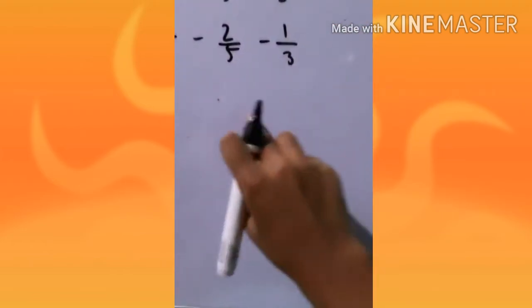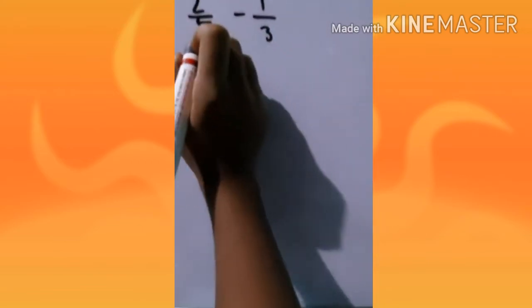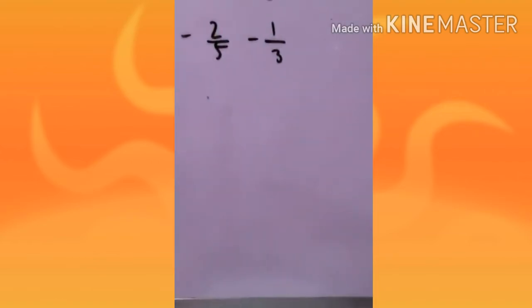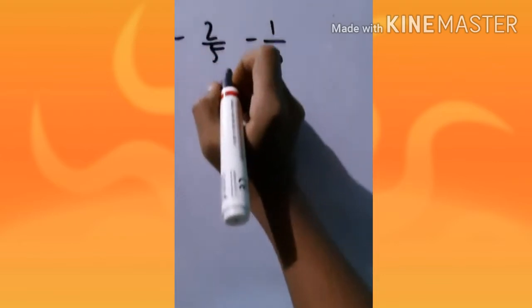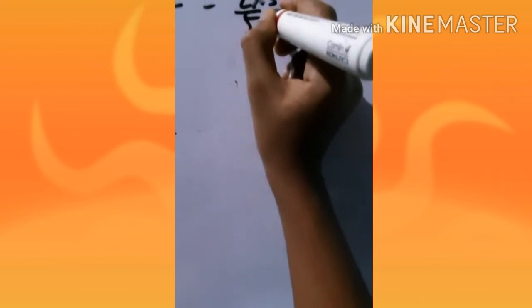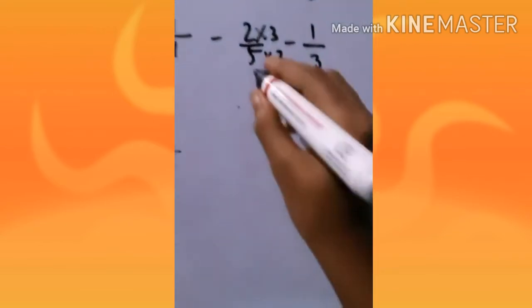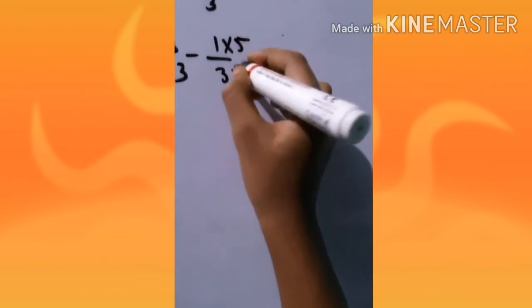Now when we write here, we will see only this much part. Here this denominator is small, but it is not divisible by the bigger denominator. So what will we do? We will cross multiply. Now we will multiply 2 by 3, 5 by 3, and then multiply 1 by 5, 3 by 5.